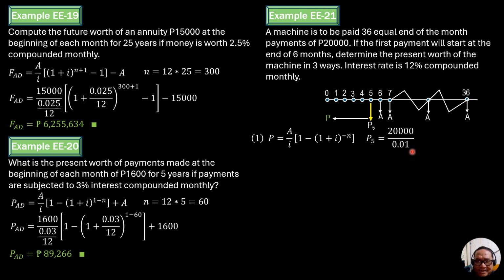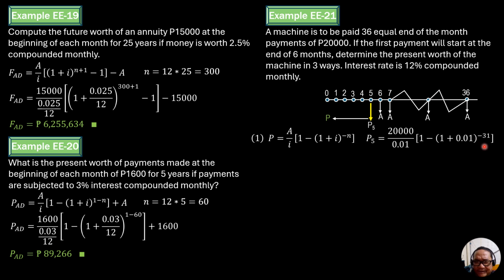So P5 equals 20,000 over I. I is 6% compounded monthly, so that would be 0.06 divided by 12, which is 0.005.